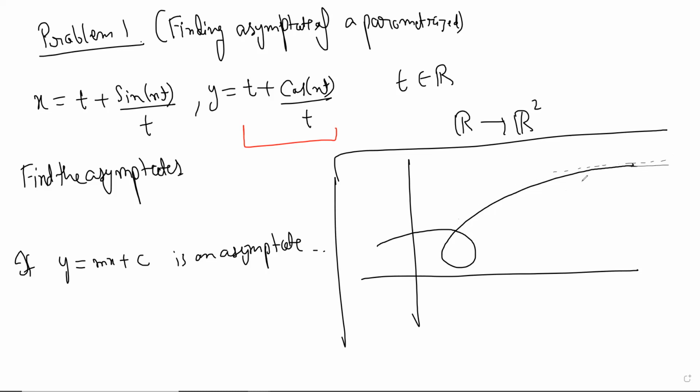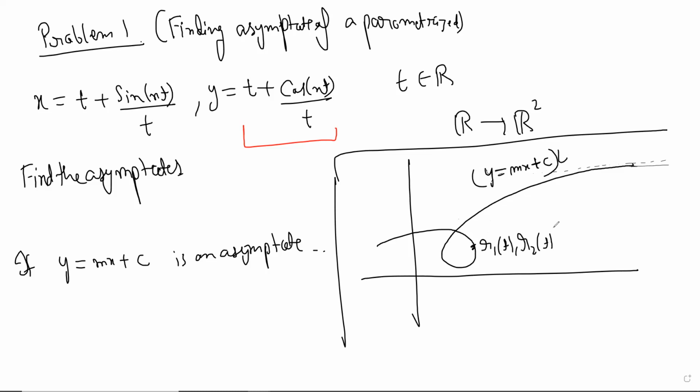So I mean, the better way to say it is that if this is the line y equal to mx plus c, okay, let's say this is the line L, and if the line L is an asymptote to this curve, let's say the point on this curve is, let me not say x(t), it might be confusing, let's say (r1(t), r2(t)).